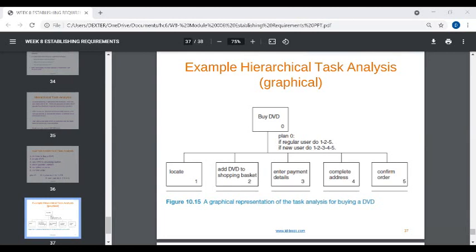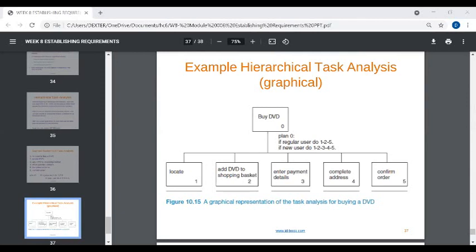The relationship between tasks is shown using vertical lines. If a task is not decomposed any further, then a thick horizontal line is drawn underneath the corresponding box. Plans are also shown in this graphical form. They are written alongside the vertical line emitting from the task being decomposed.